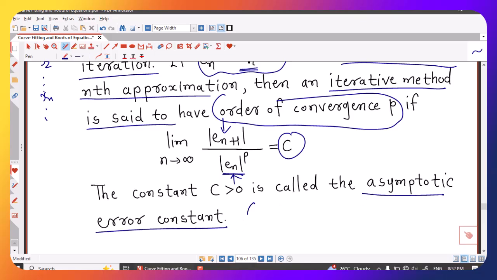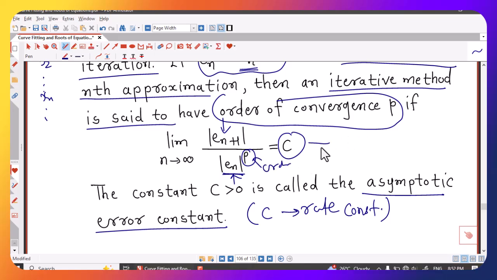This constant c is also called the rate constant, and it is related to the rate of convergence, and the power p of the absolute value of en is nothing but the order of convergence.